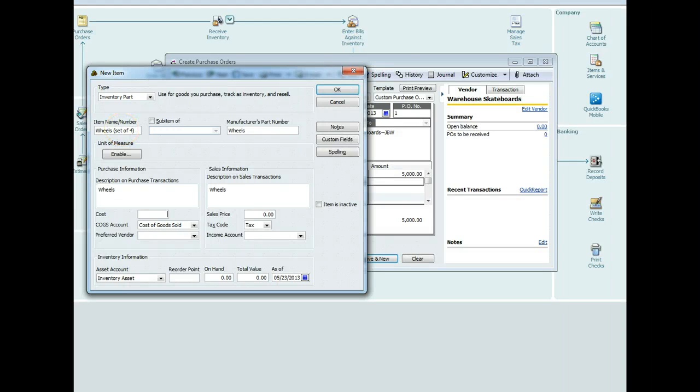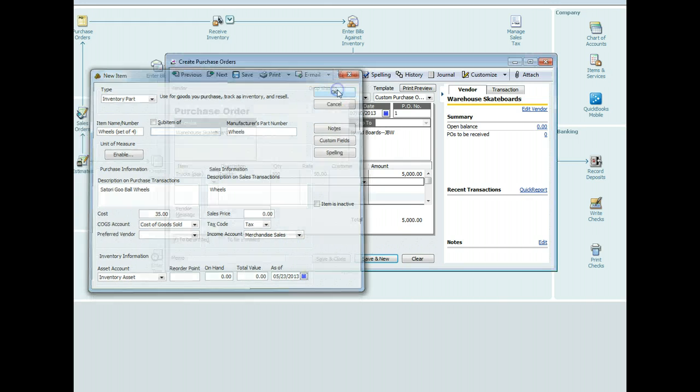If you want, we can put the description on there. I actually looked them up. Satori Goo Ball Wheels. How about that? And the cost is $35 per set. Okay, income merchandise sales. And we'll hit OK.